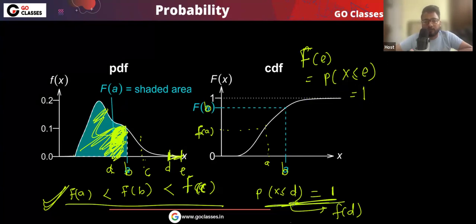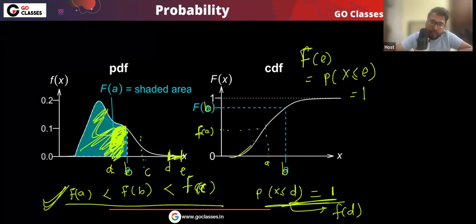Understood? So it is an increasing function. Definitely it is an increasing function, but the moment you hit 1, it is constant. So you can say it is a non-decreasing function. I mean, it need not increase at every point, because once it hits 1, it will be constant.